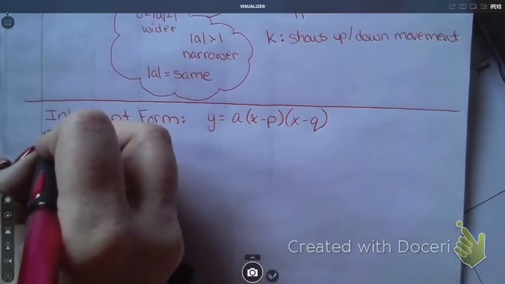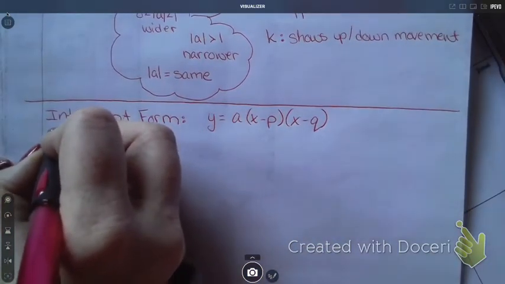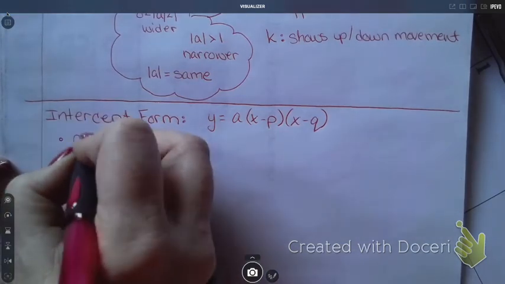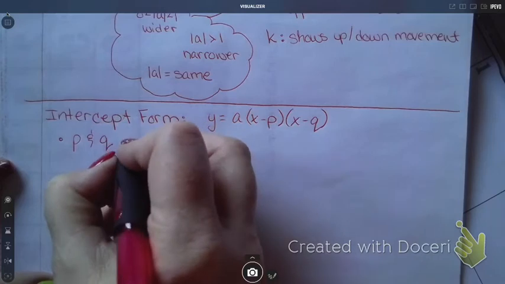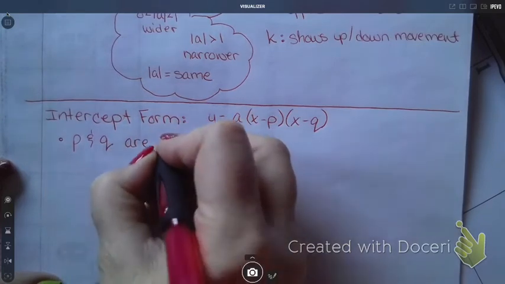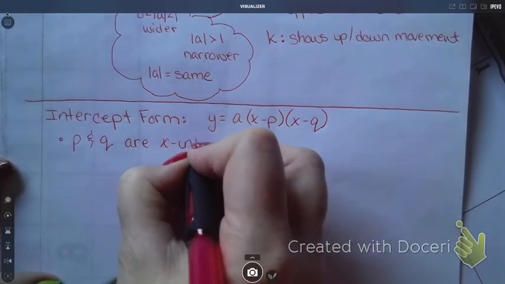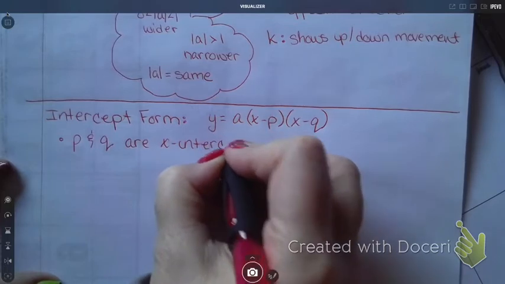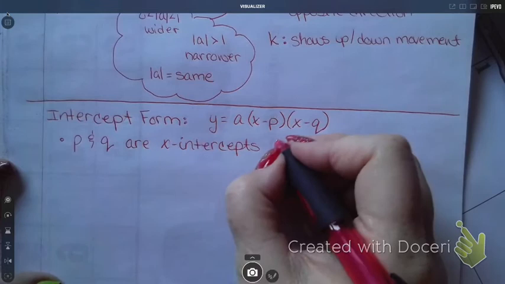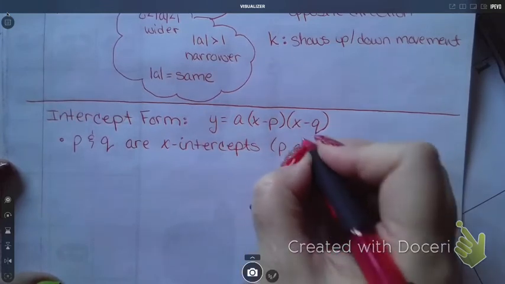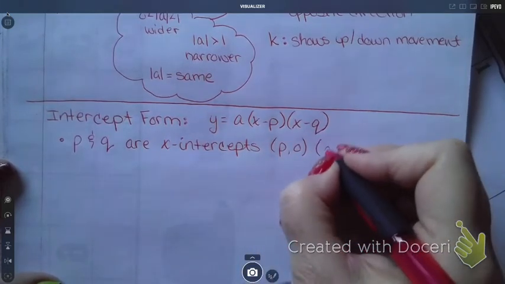So P and Q are x-intercepts. So their points would be P comma 0 and Q comma 0.